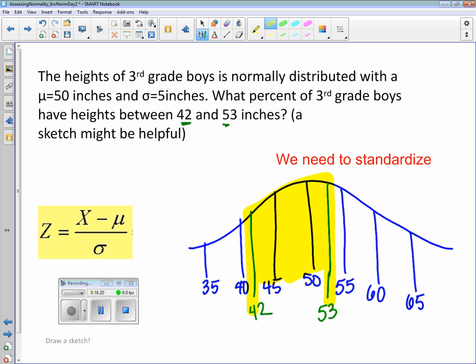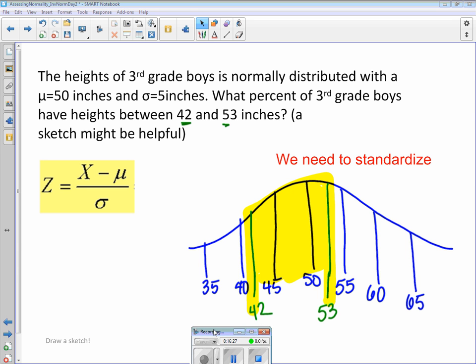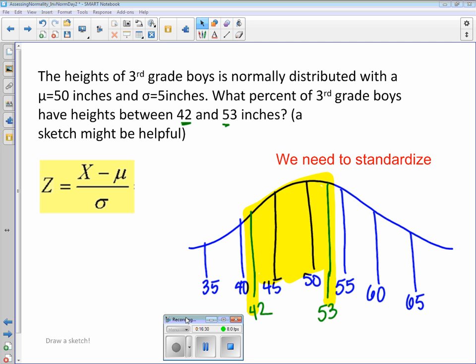Now, when I say standardized, and this is something that you guys should have done last year or even in Algebra 1, depending on when you took that class, you may or may not have seen it there. But a z-score, this is something you absolutely should write down because this is very important.